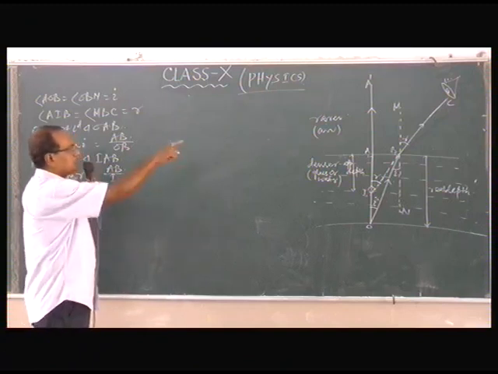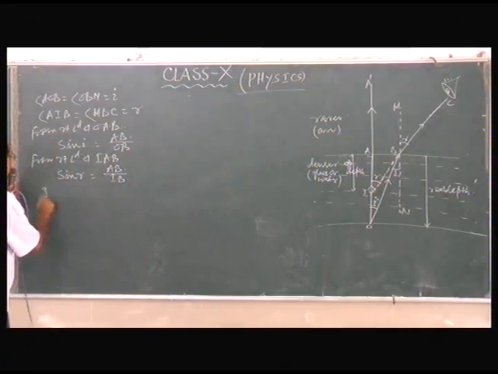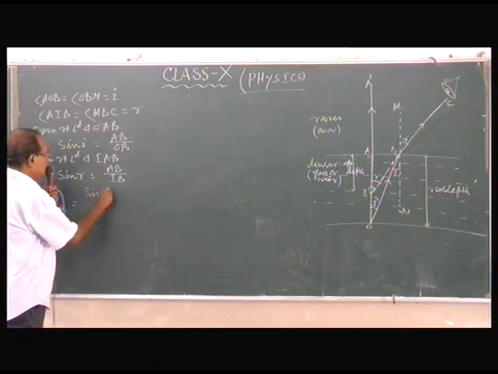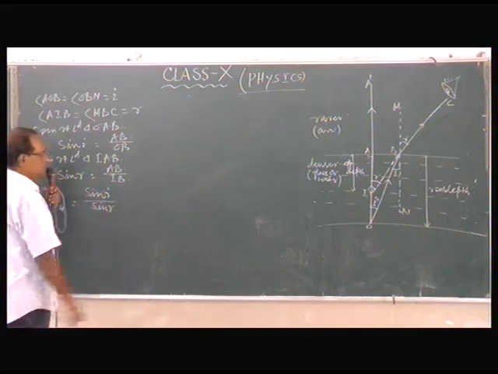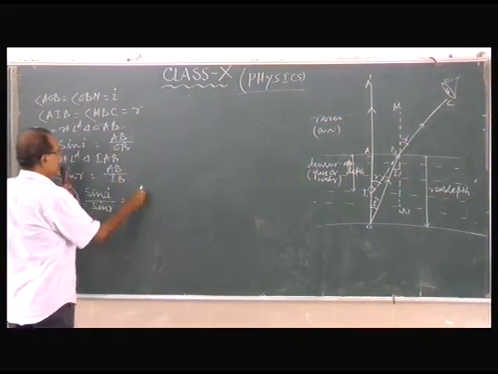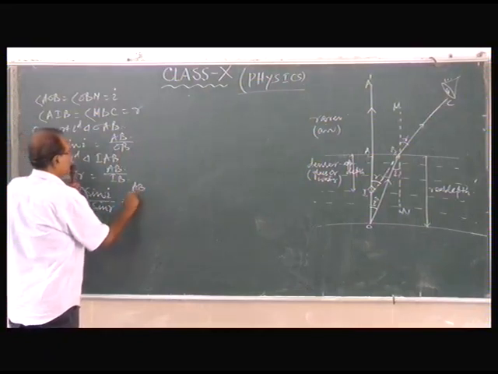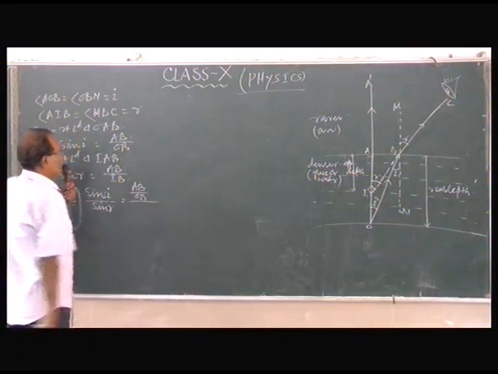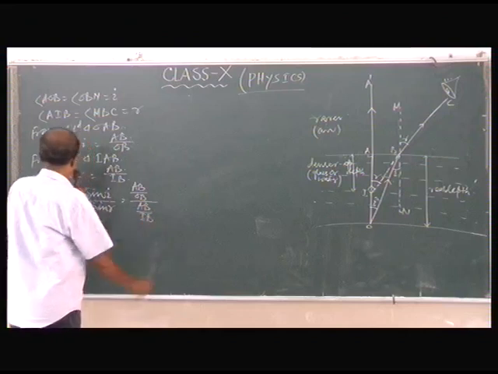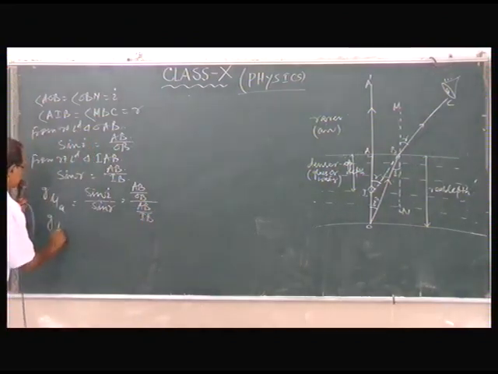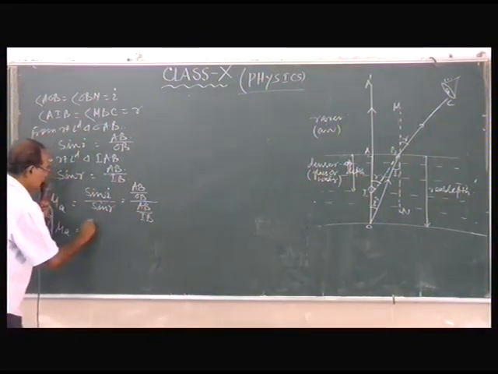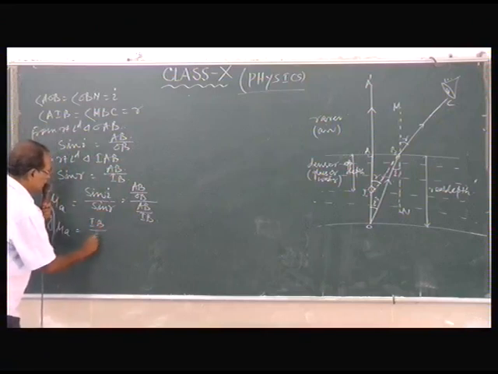Say it is moving from glass to air. So then g mu a is equal to sin I by sin R. Now put these values. Sin I equal to AB by OB divided by AB by IB. That is g mu a now is equal to, AB cancels, so IB by OB.